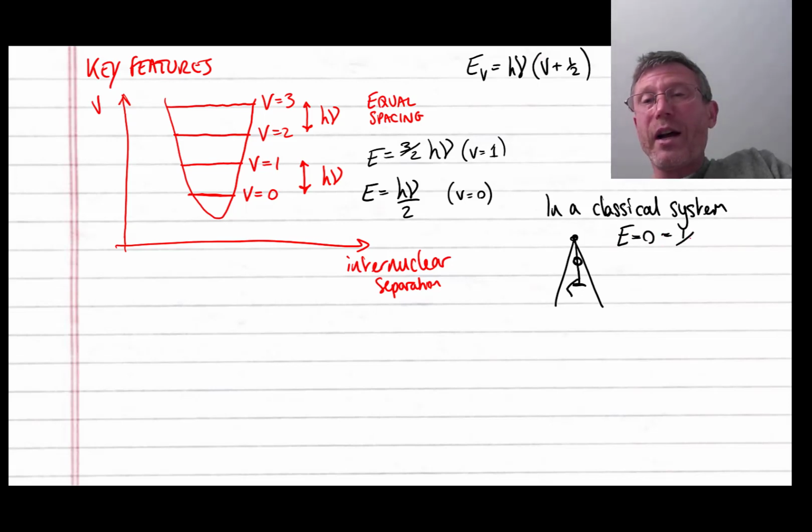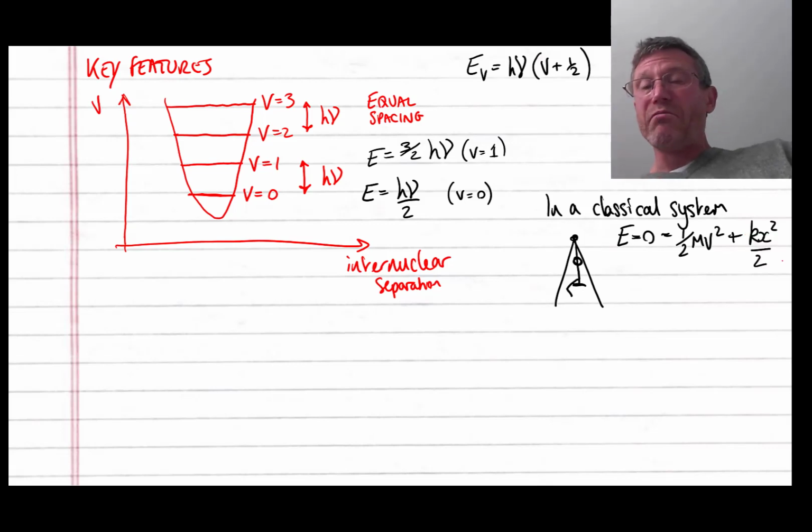There's no velocity, so half mv squared, his kinetic energy, is 0. And the potential energy, kx squared over 2, is also 0 because he's in the equilibrium position. So in a classical system, we can have a 0 energy, no problem.